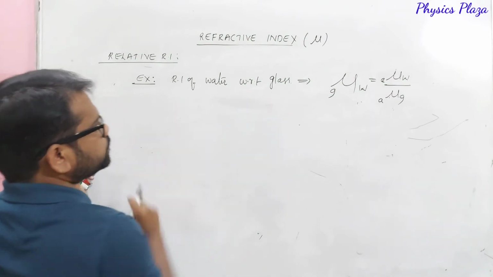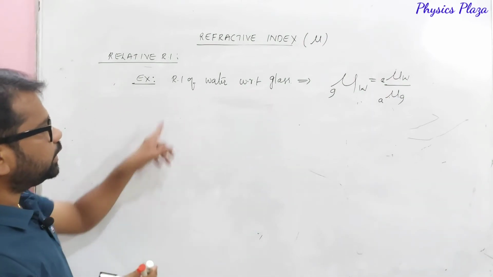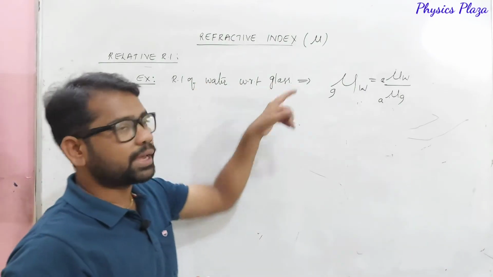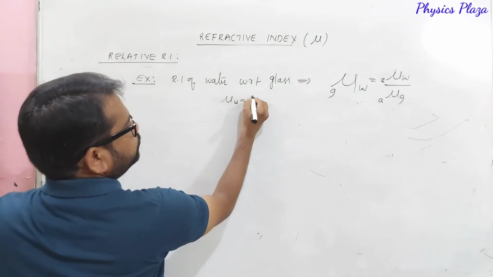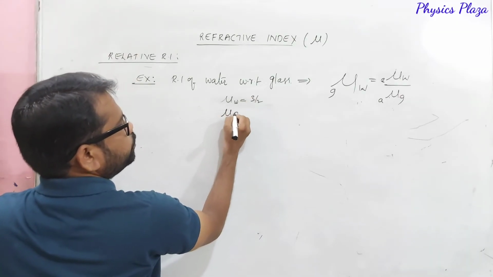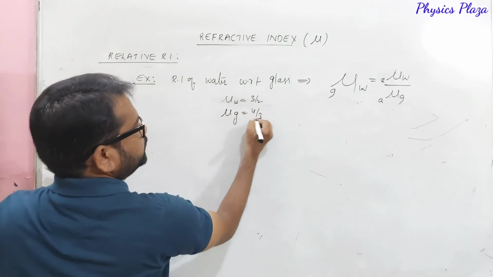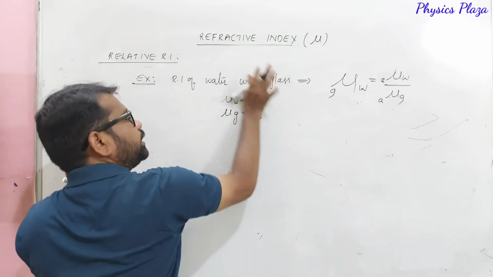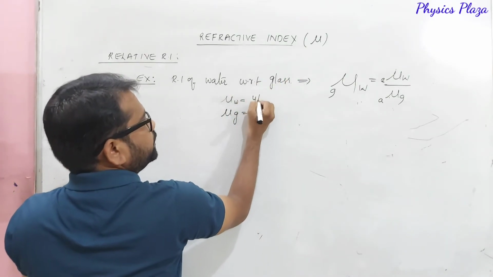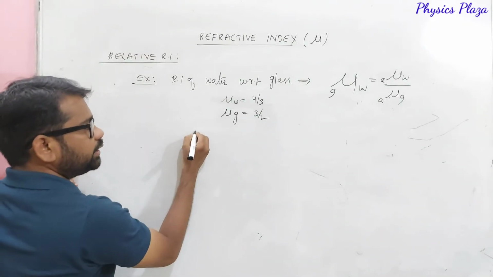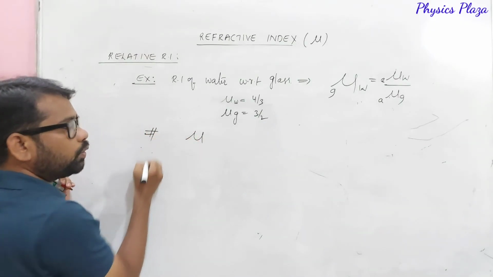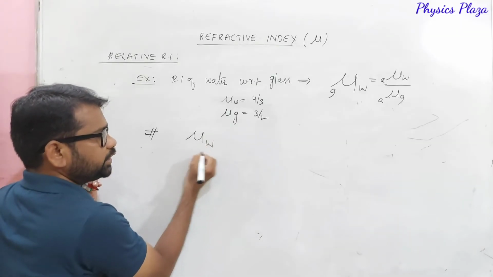Now, they will ask you to calculate the refractive index of water with respect to glass. Children, we know the values. So mu W is equal to 3 by 2 and mu glass is equal to 4 by 3. Sorry, it is wrong. Mu W is 4 by 3 and mu glass is 3 by 2. Now what we have to calculate is the refractive index of water with respect to glass.